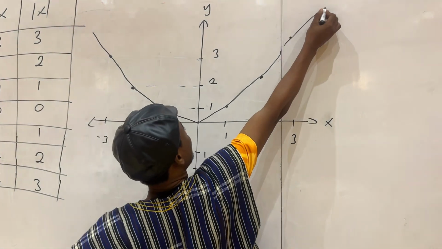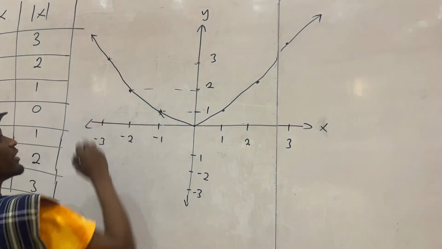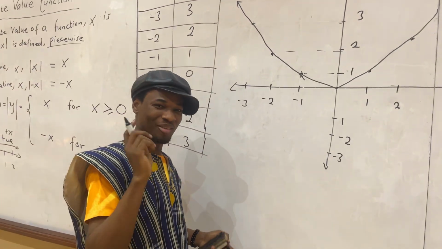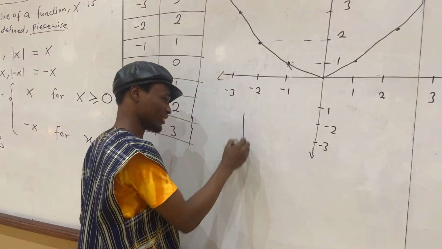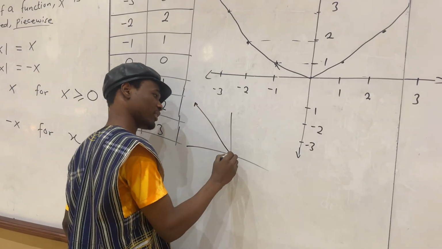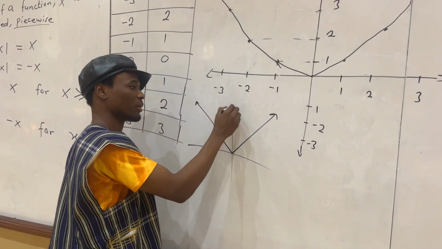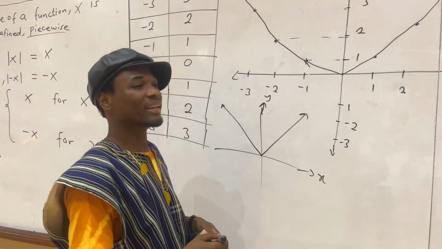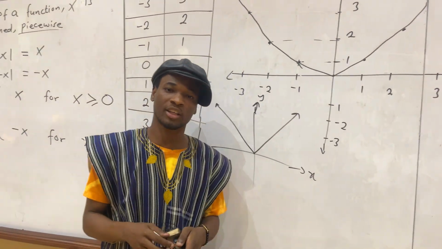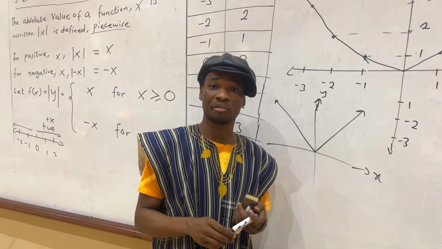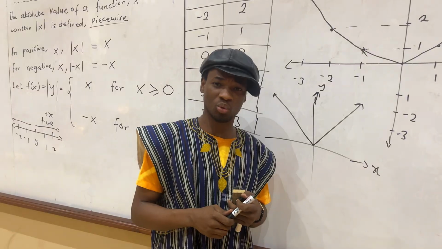So this tells us that this is the graphical representation of the absolute value function. Remember, I said something like this, right? From the origin, you have it this way, then this way. As simple as that. Viewers, this is the end of the tutorials under absolute value functions. Thank you. See you next time.